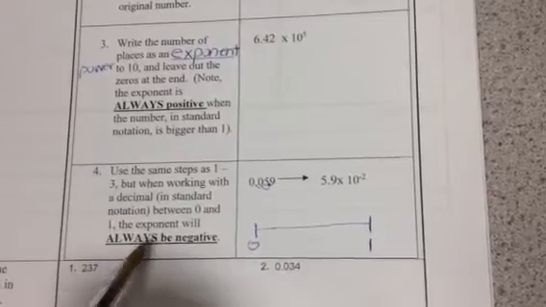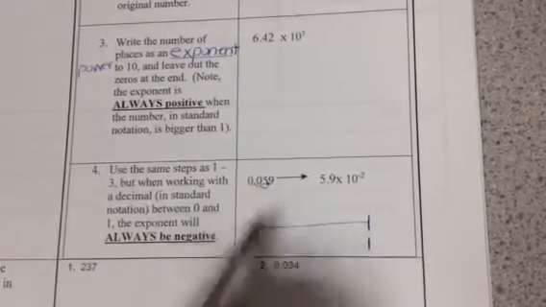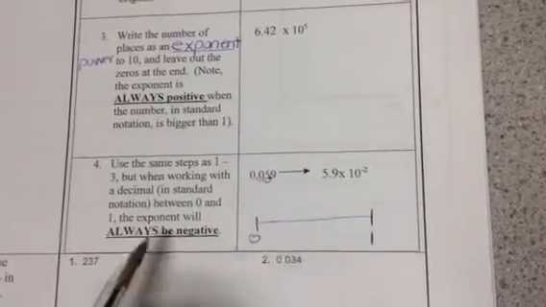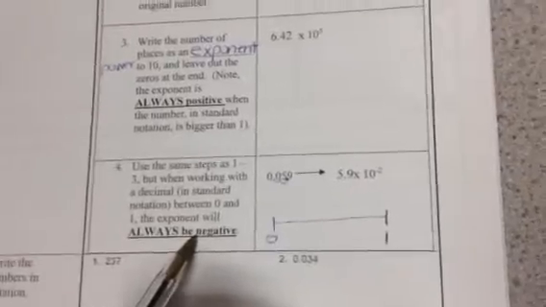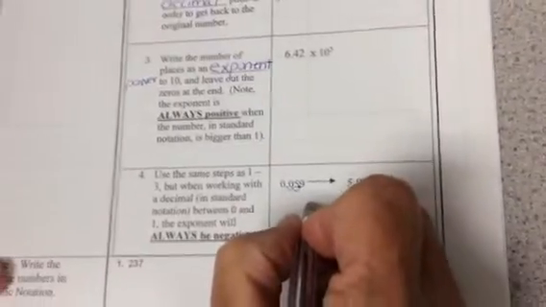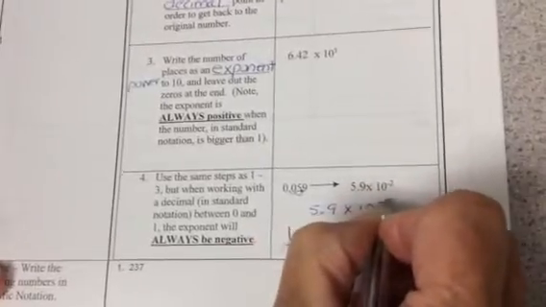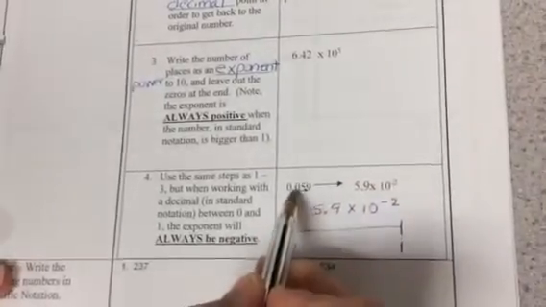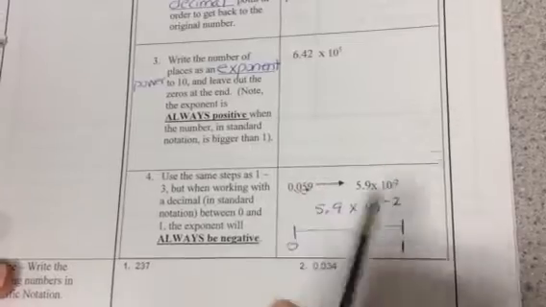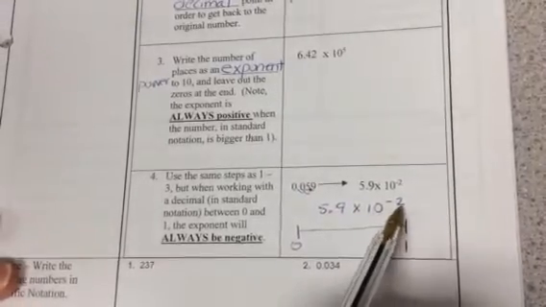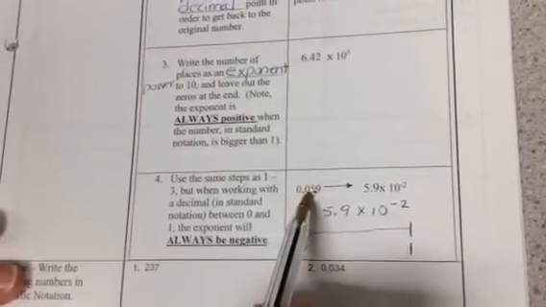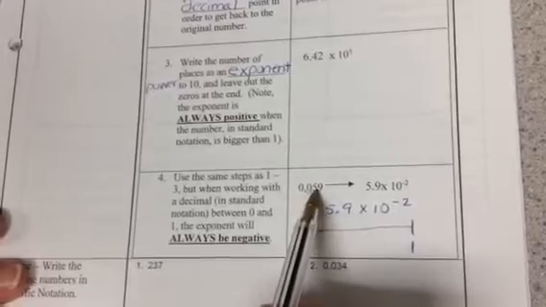And it tells us whenever this number starts out between 0 and 1, we have a negative exponent. So it is 5.9 times 10 to the negative 2, because we moved it 2 places. The power of the exponent will always match how many places you move that decimal.